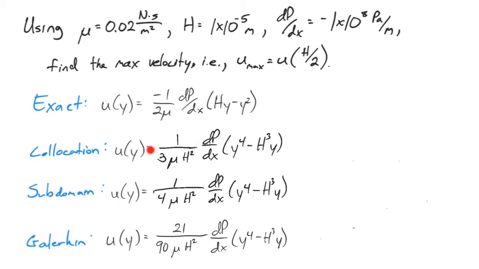What's interesting, looking at this first term, this negative sign is a result of multiplying by -1, so you can see where that dropped out. But this is 1/2 versus 1/3 versus 1/4 versus 21/90ths. And this h squared term shows up consistently throughout our assumed solution problem statement. So again, it's interesting how all these things show up.